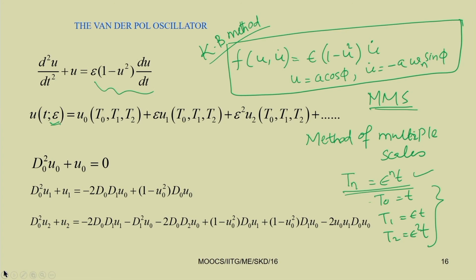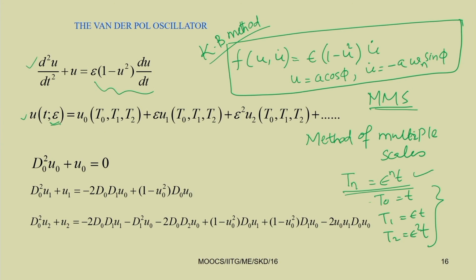Taking these 3 terms and substituting in the first equation, and separating different orders of epsilon, we can write D0 square u0 plus u0 equal to 0, and D0 square u1 plus u1 equal to minus 2 D0 D1 u0 plus (1 minus u0 square) D0 u0.